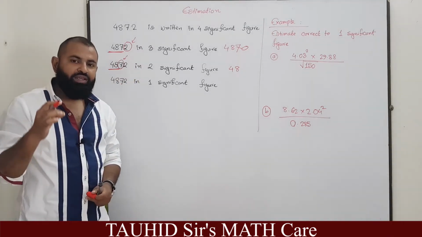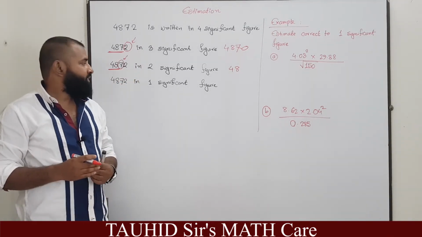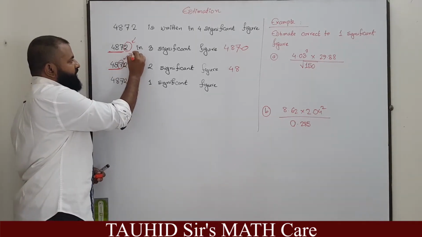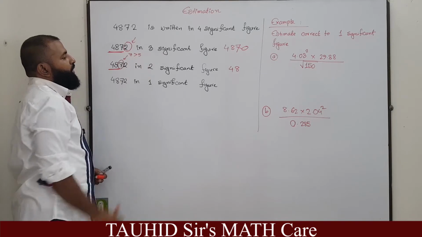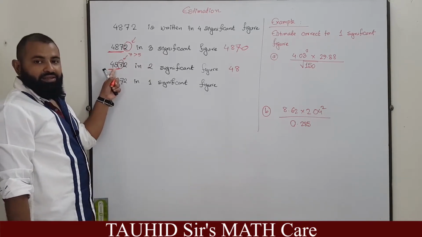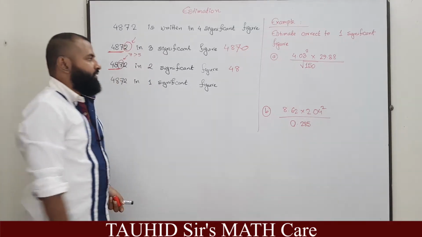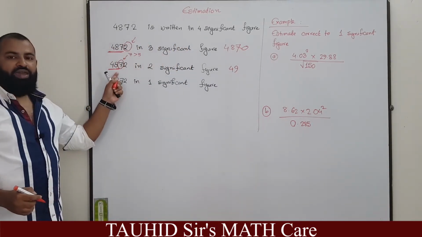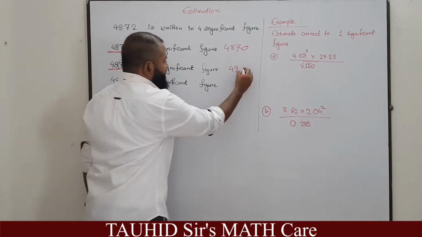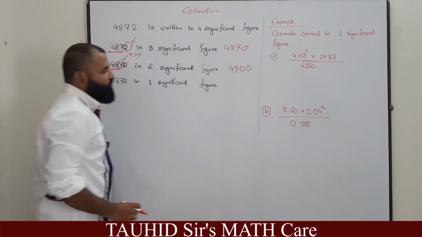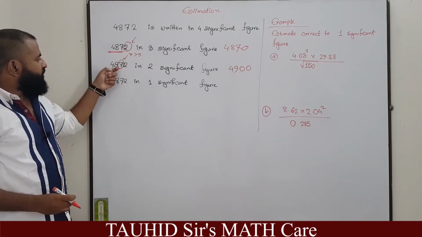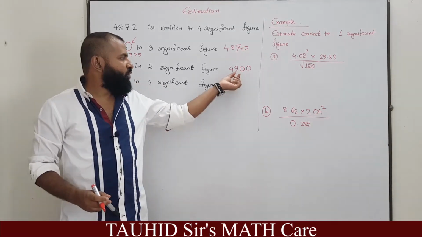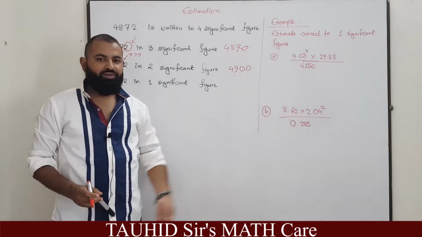Is it greater than or equal to 5, or less? 7 is greater than 5. So this 8 will increase by 1. We will write 9 in the place of 8, and the remaining 2 digits will turn into 0. So 4872 in 2 significant figures, we will call it 4900.